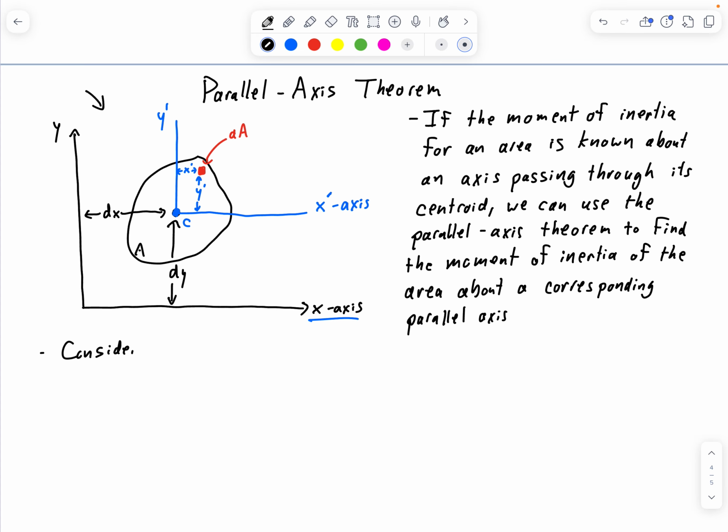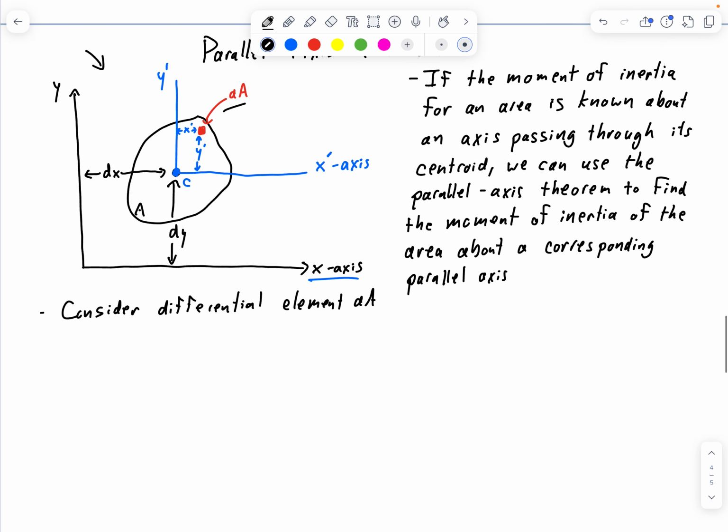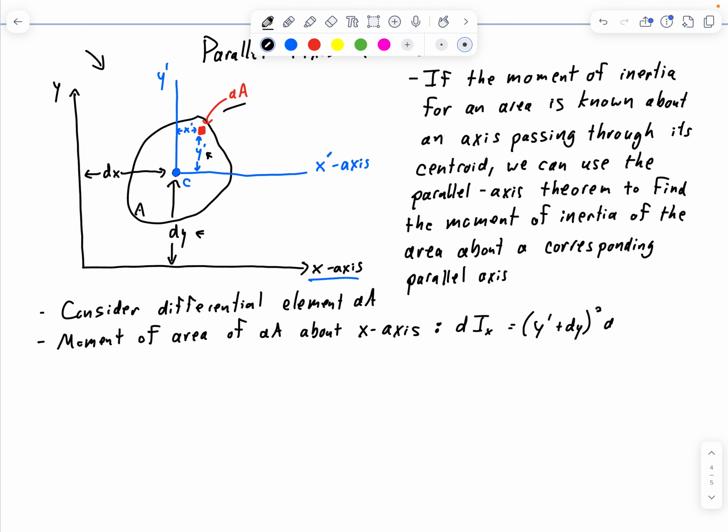So we are going to first consider some differential element dA. dA is up here, and the moment of area for dA about the x-axis, not the x prime axis, is given by dI sub x equal to the distance from dA to the x-axis, which we know here is y prime, so that's this distance right here, plus dy, the distance from the centroid to the x-axis, squared, times dA.